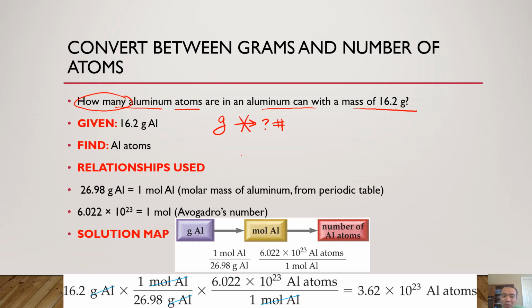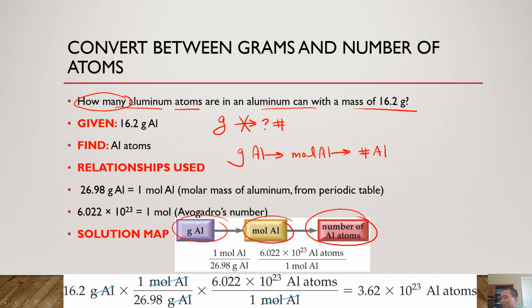As I demonstrated to you just a moment ago, grams must be converted to mole first, and then mole can be converted to a number. Okay, and here we are referring everything to aluminum. In this example, as I said, if it's referring to the same thing, we don't have to indicate that, but if you want to, you can.